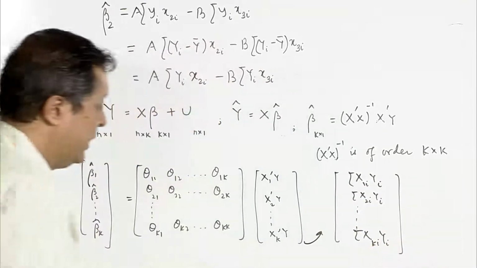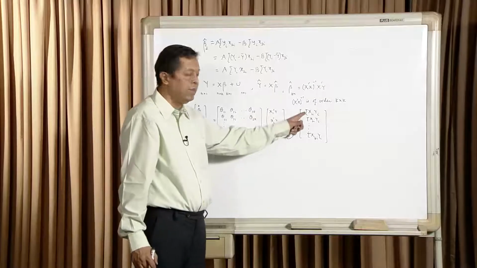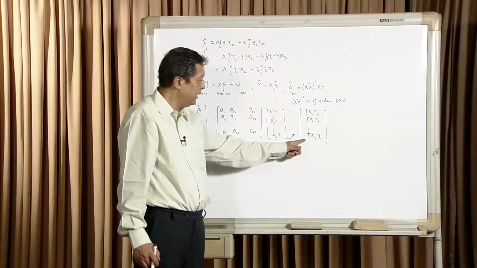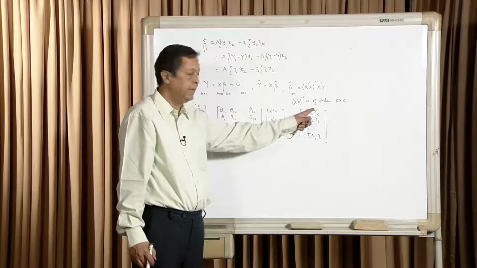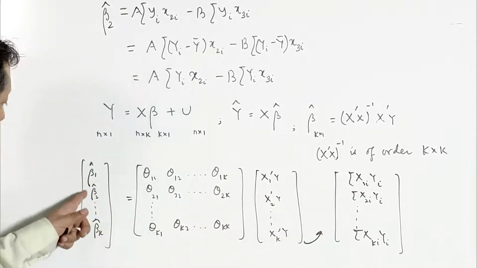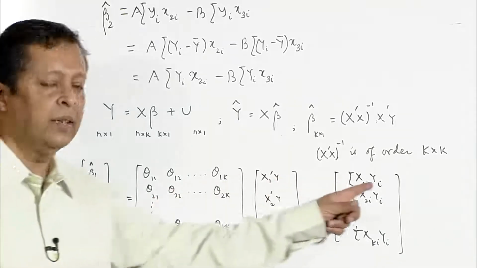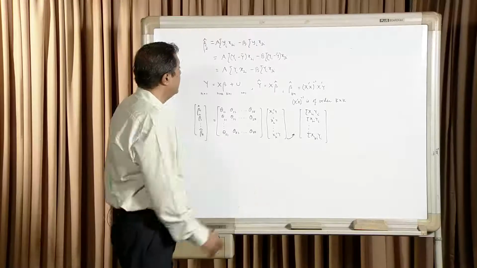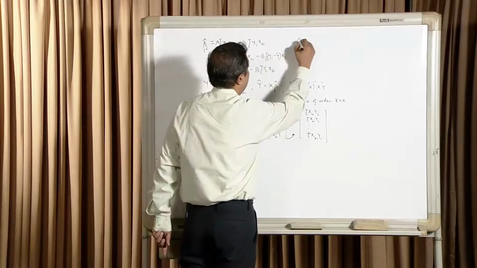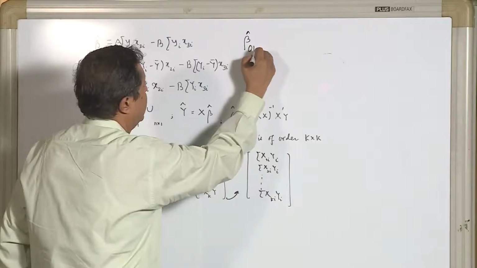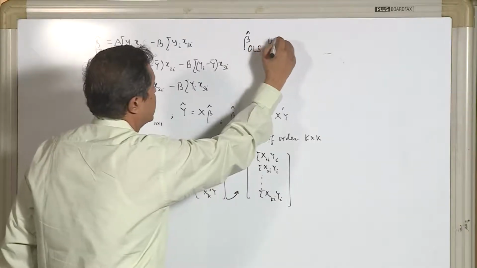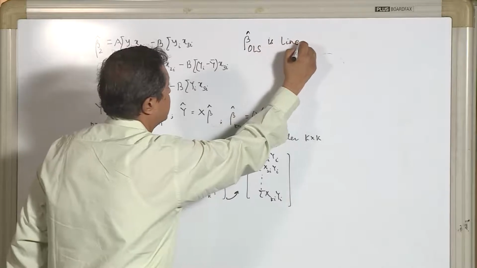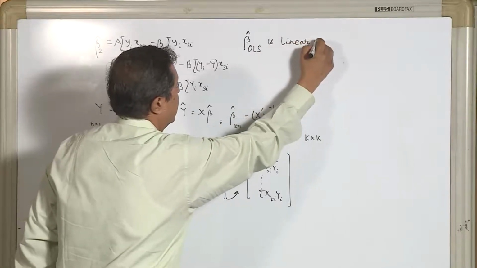The second column vector shows, deeper into it, the property of linearity. Each of the beta hats is linear in the yi's. That explains the property that beta hat under ordinary least squares is linear in y.